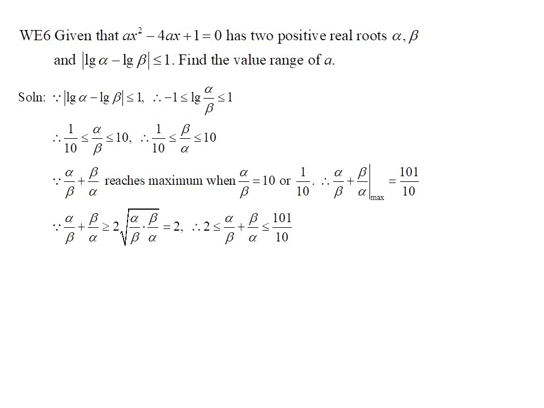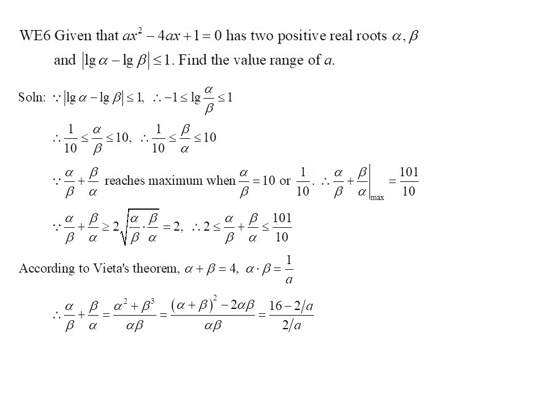According to the Vieta theorem, α plus β equals 4, while α times β equals 1 over a. Hence, α over β plus β over α equals the quotient of (16 minus 2 over a) to (2 over a) after being simplified.